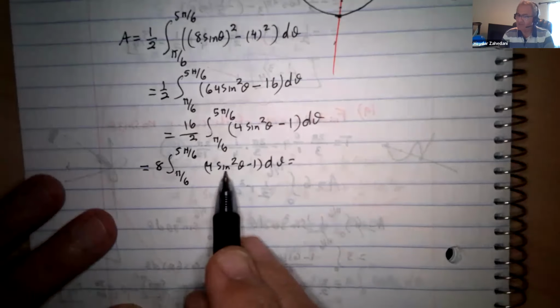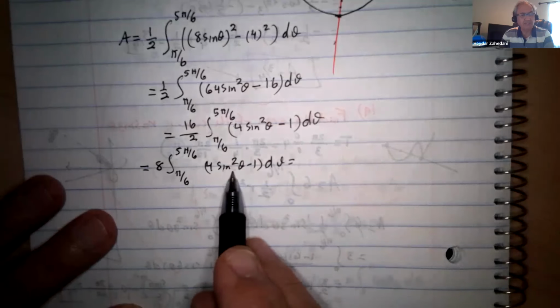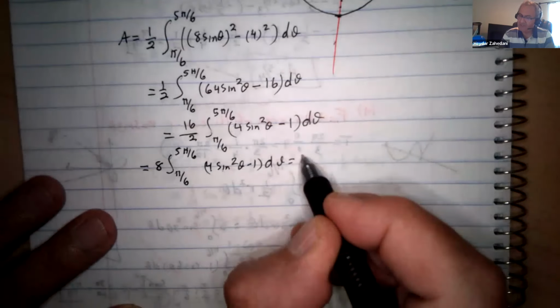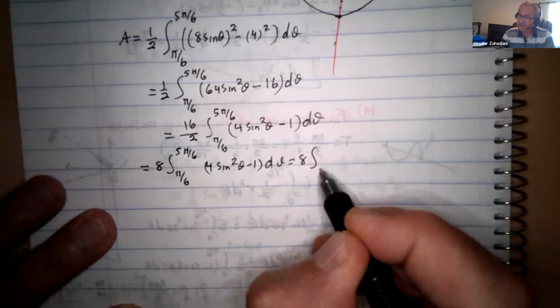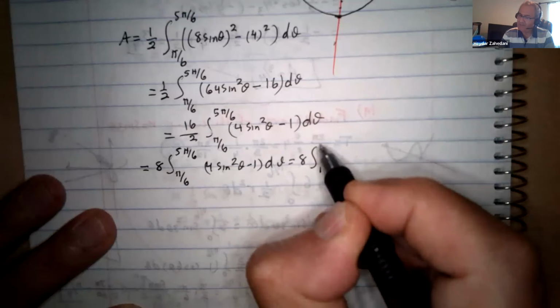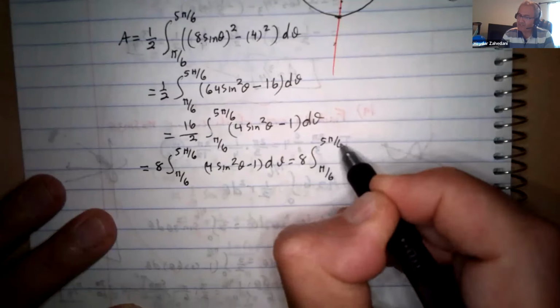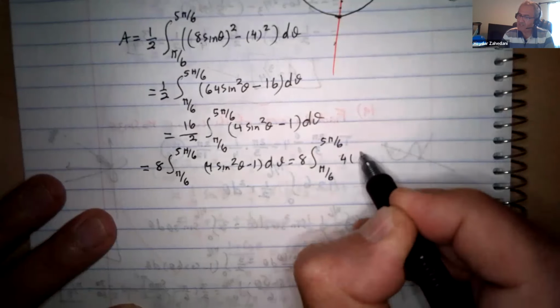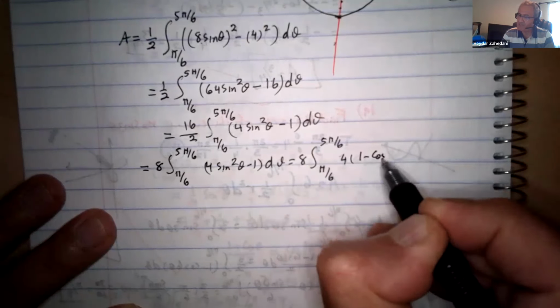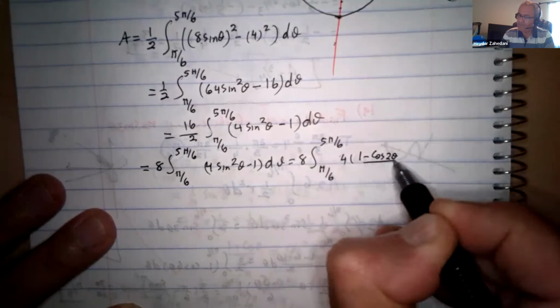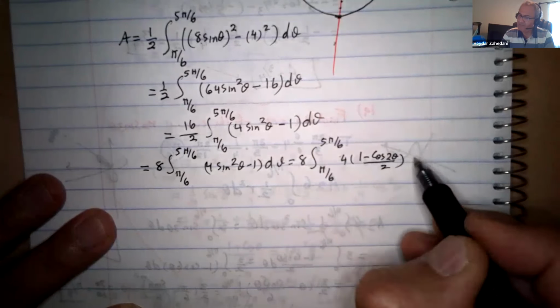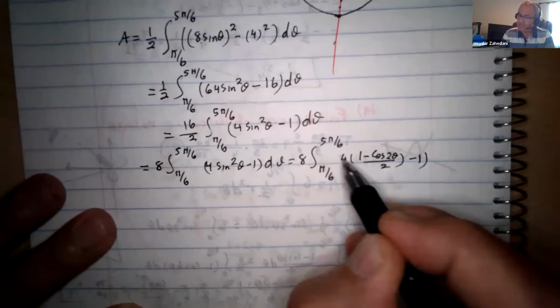To integrate it, you have to replace the sine square by the double angle formula. It's going to be 8 integral from pi/6 to 5pi/6 of 4 times (1 minus cosine of the double angle) divided by 2, minus 1, then d theta.